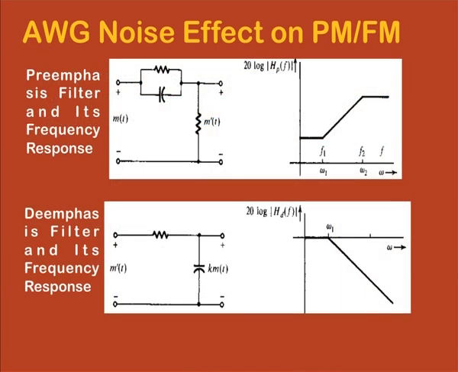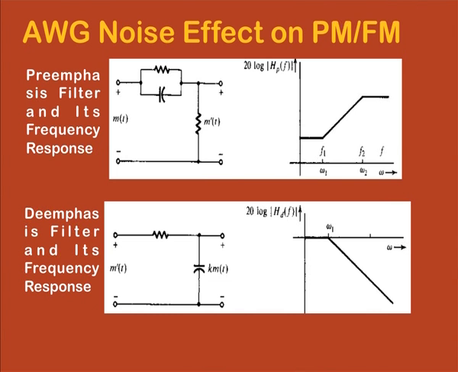Now, this effect gives us some insights. If we want to understand which system provides better immunity against interference, we can conclude from this expression that at lower frequencies the effect of interference on FM is much smaller as compared to phase modulation, but at higher frequencies the effect is more on FM as compared to phase modulation. So, can we do something?